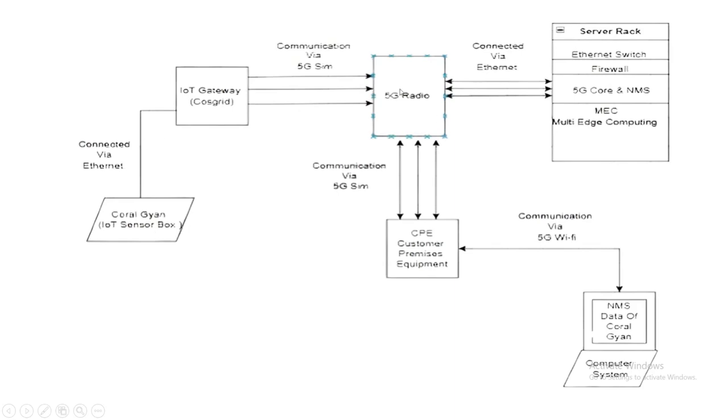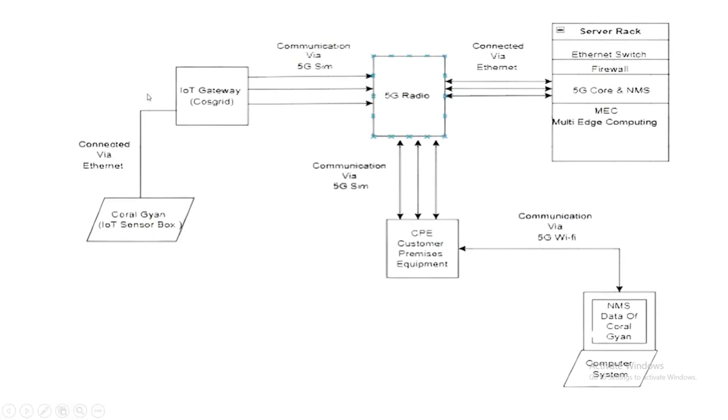This 5G radio communicates with all the devices which have particular SIMs in them. Like the CPE has a SIM, the IoT gateway has a SIM. Those devices that do not have a SIM will not be able to communicate with the 5G radio, and thus will need to be connected to a device which does have communication with the radio, in order to transmit data seamlessly.